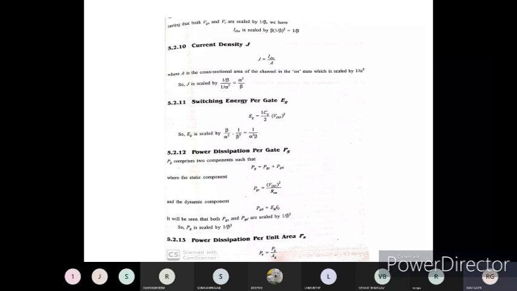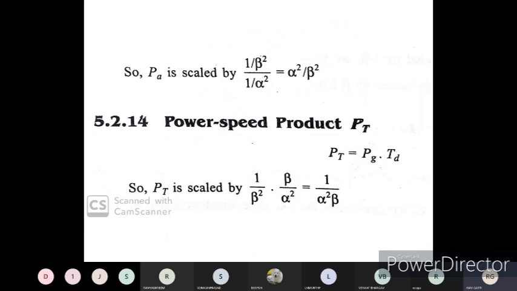So we can write the power dissipation per unit area as PG, whose scaling factor is 1 by beta square, divided by the area, which is always 1 by alpha square. When you substitute that, you will be getting alpha square divided by beta square.